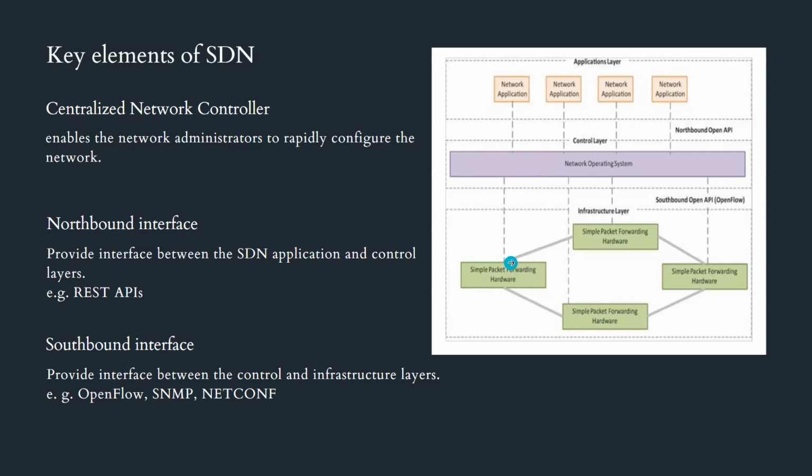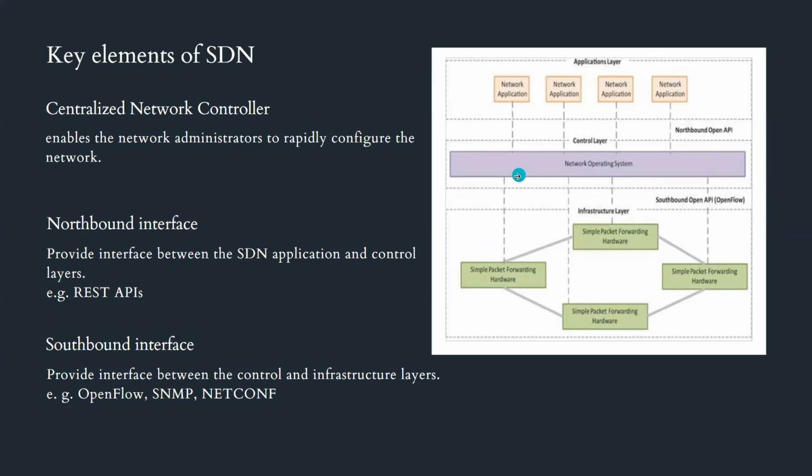The interface that is used for the communication is known as the southbound interface or southbound API. This southbound open API is used to create the communication link between the controller and the network devices.